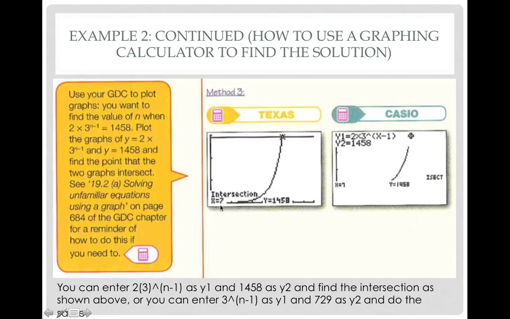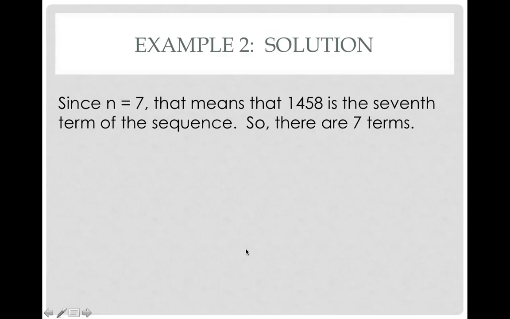Now, we're using x's here with our calculator instead of n's, but that's the same thing. So n equals 7 just means that our final answer is that there are 7 terms. The 7th term is 1458, so that means that there are 7 terms in the sequence.